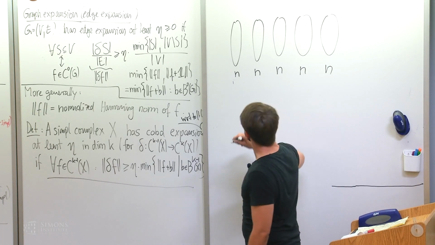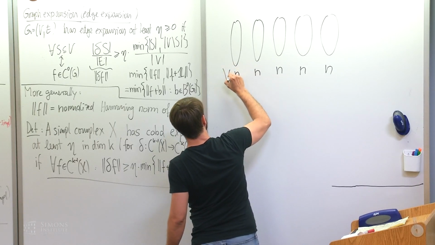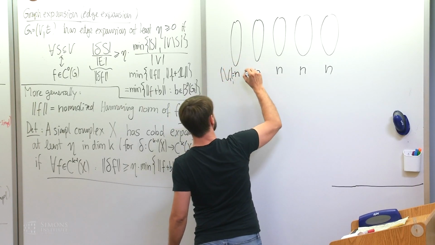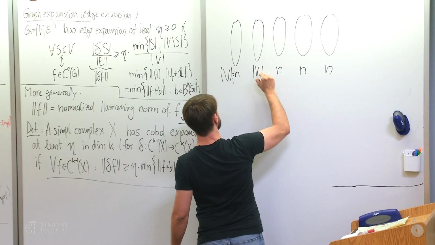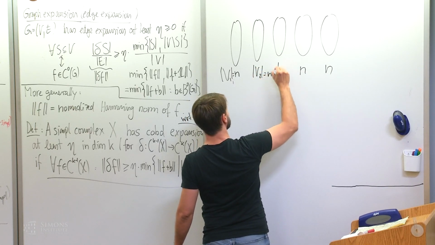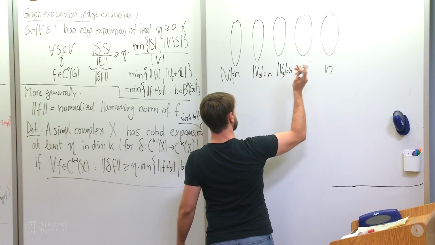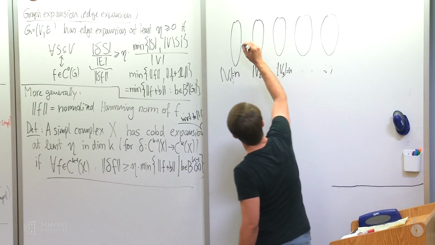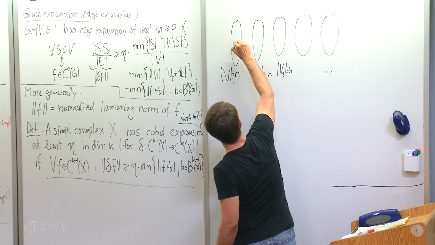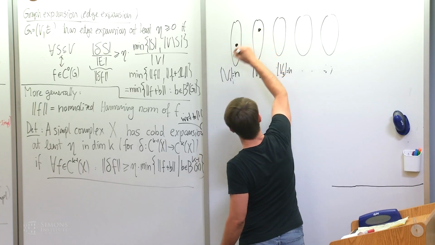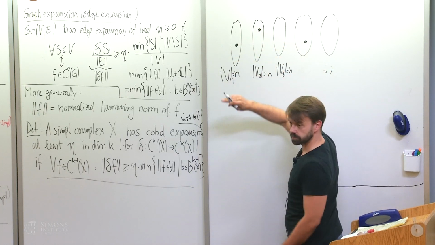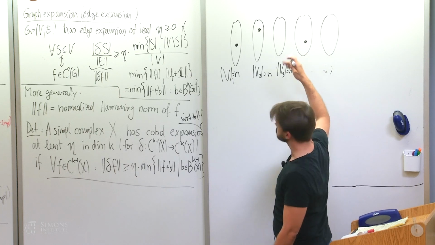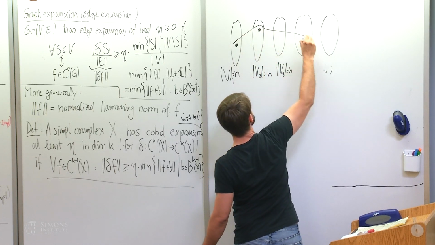And suppose you label them V1, V2, V3, and all of them have, let's say, size n. You can look at the simplices, which are just subsets of the union of these vertices that contain at most one vertex from each. So this could be, for instance, an admissible triangle.